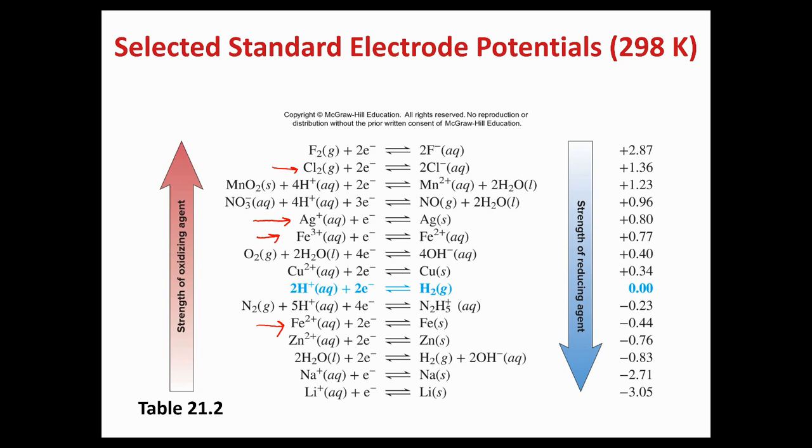Okay, so let's just recap the importance, because this is a really important one. Up here at the top, Fe2 wants to be reduced. How do we know that? Because it has the most positive reduction potential.